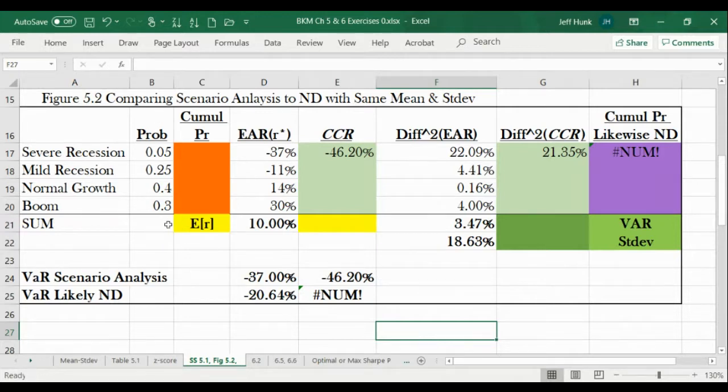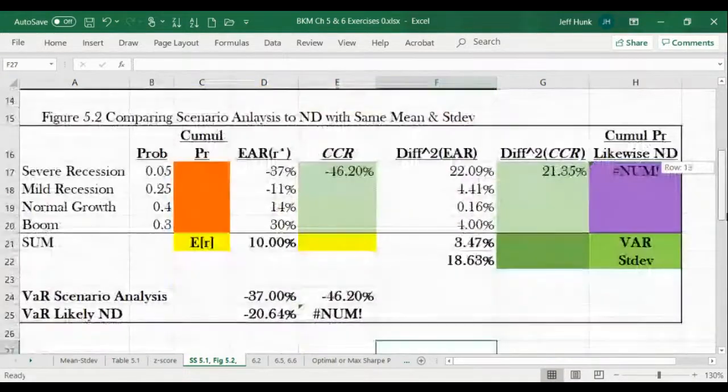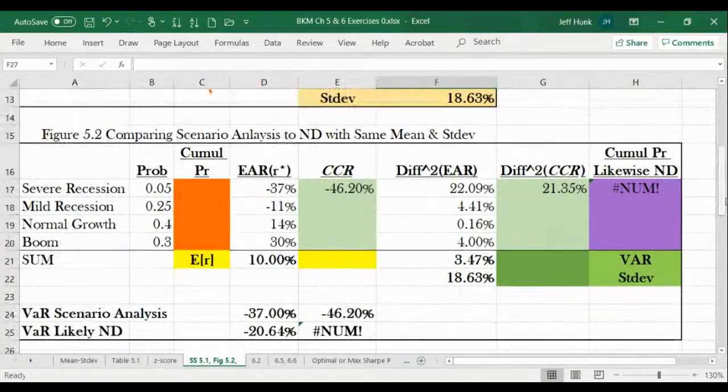You can see now that it's the replica of the table 5.1 we did before for the scenario analysis. But again, scenario analysis is quite artificial and discrete.